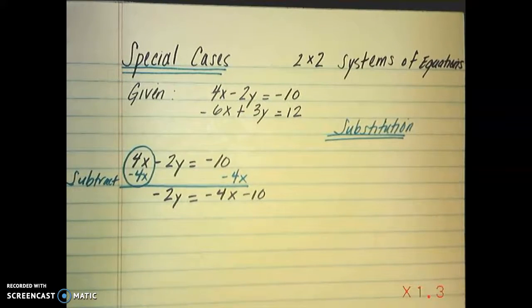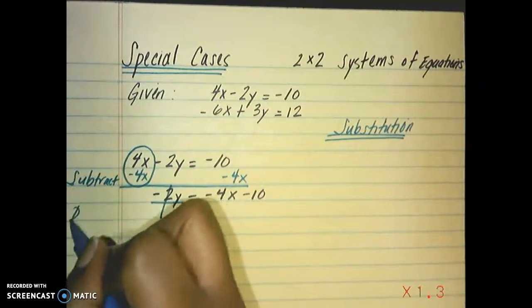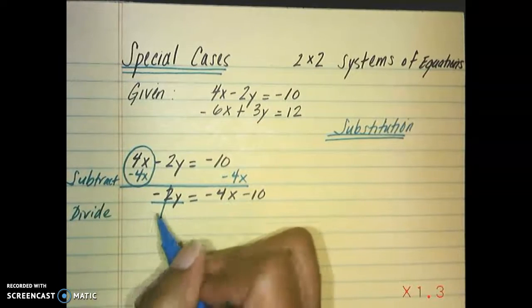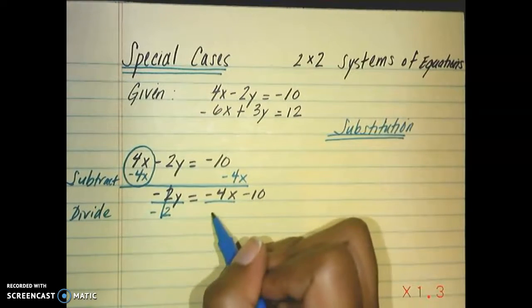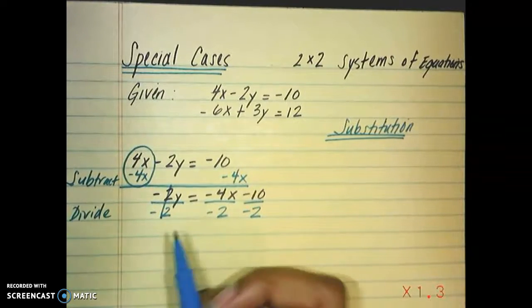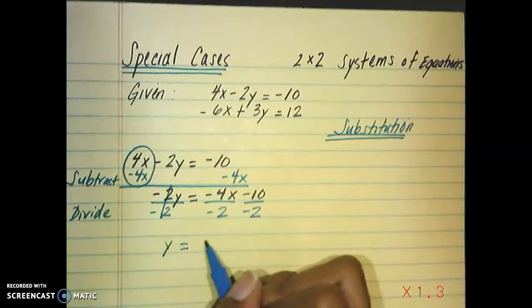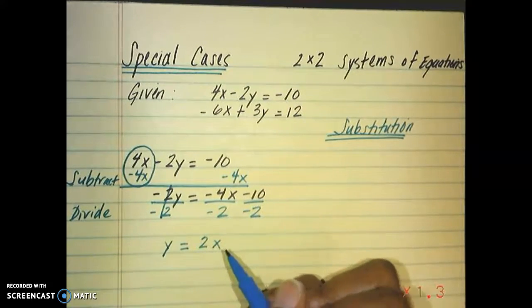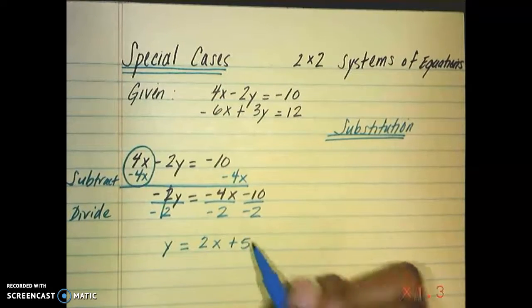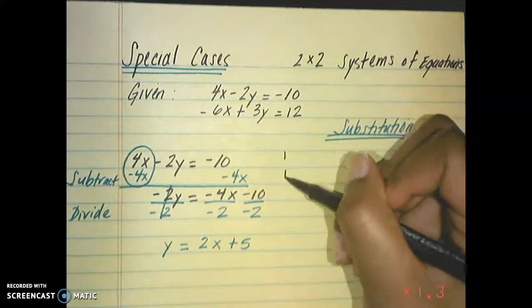So I need to divide everything by a negative 2. So what I'm going to be left with is y equals 2x plus 5.